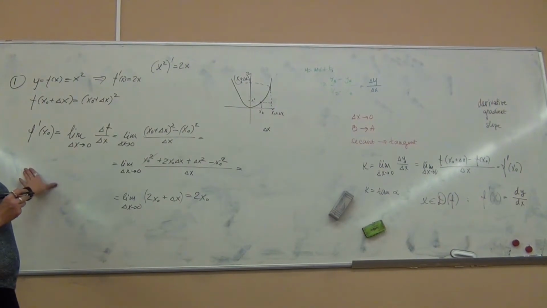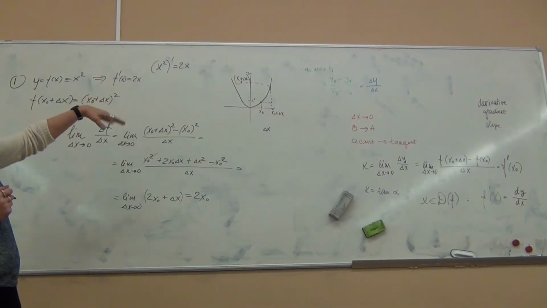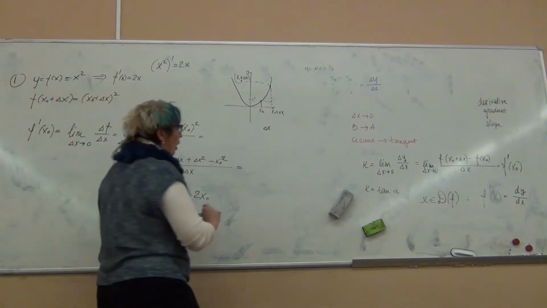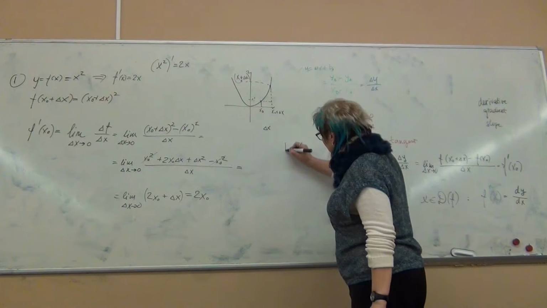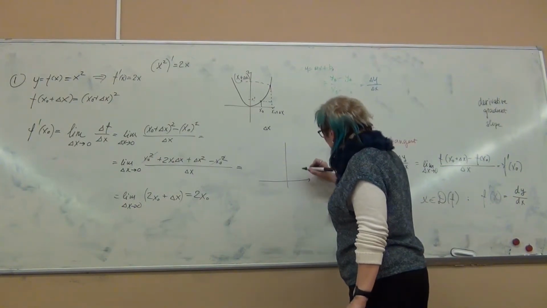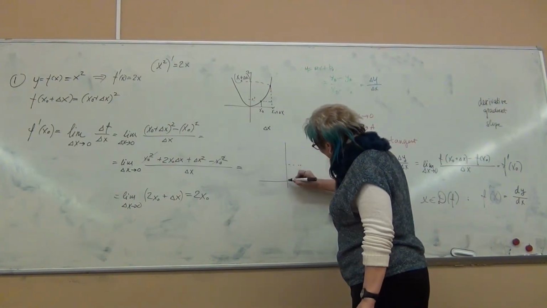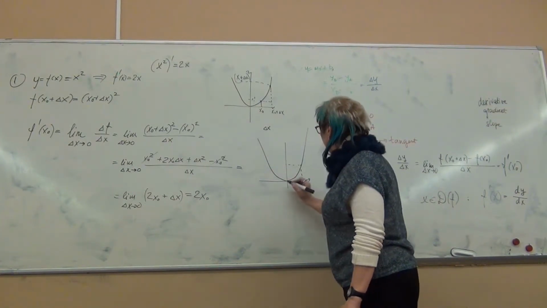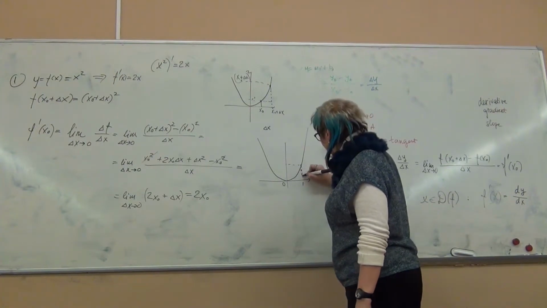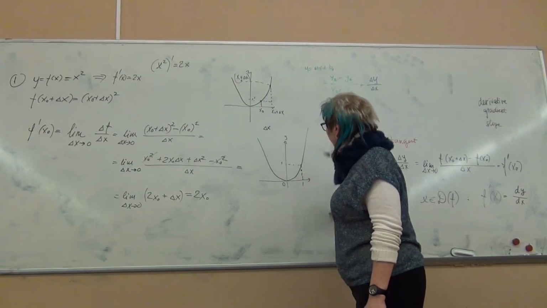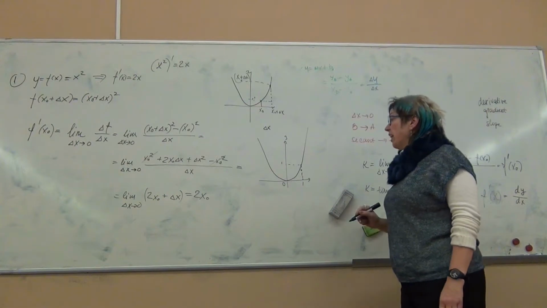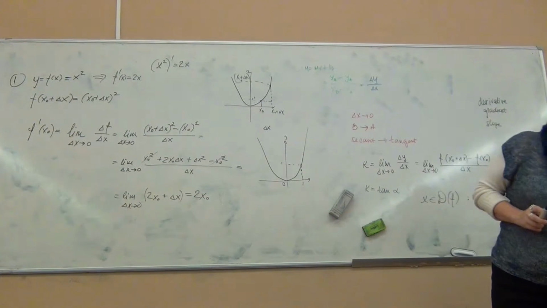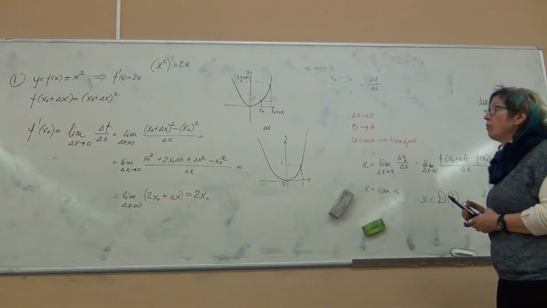Alright, so now if I consider this function, I have found a formula for the derivative of the quadratic function. Now I will try to draw a more accurate sketch. Okay, something like this. Hopefully it looks more like a parabola. Alright, so I can say that if x is 1, then the derivative equals 2.